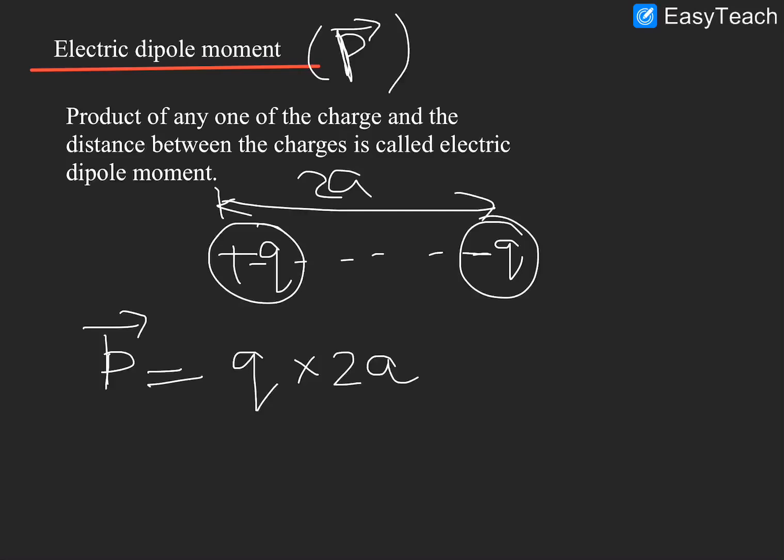If the charges are plus q and minus q, electric dipole moment is q into 2a. Okay, if the charges are plus 2q and minus 2q, then dipole moment is 2q into 2a. Product of the charge multiplied by distance between the charges. Here the charge is q, so that q into 2a.